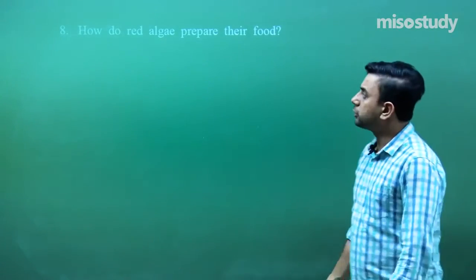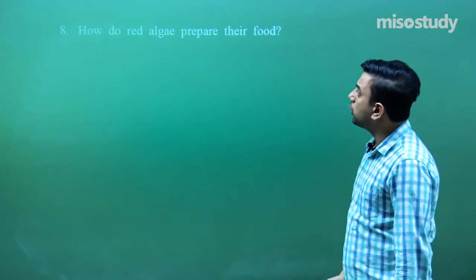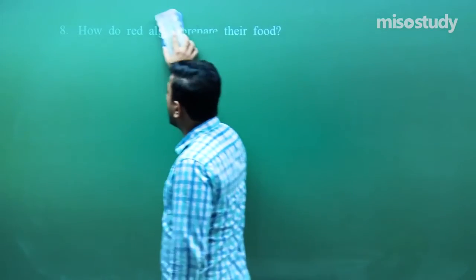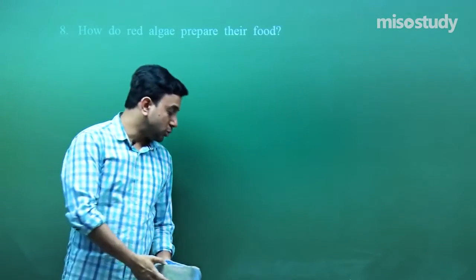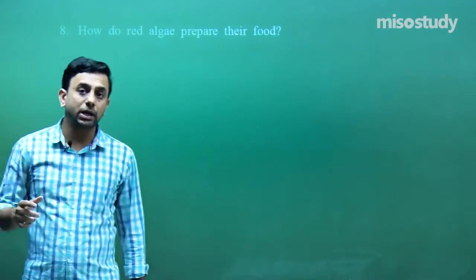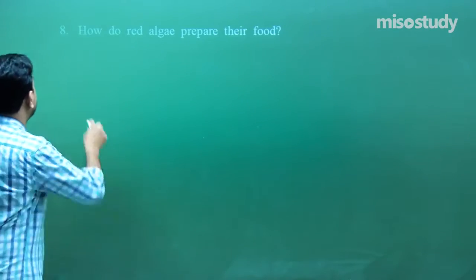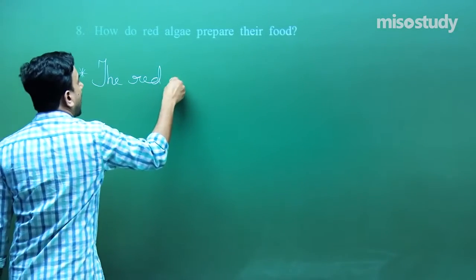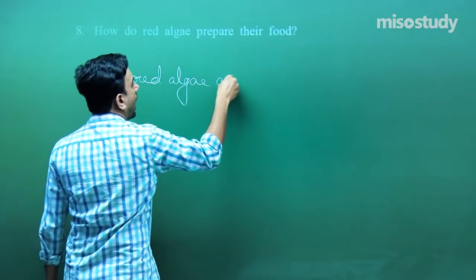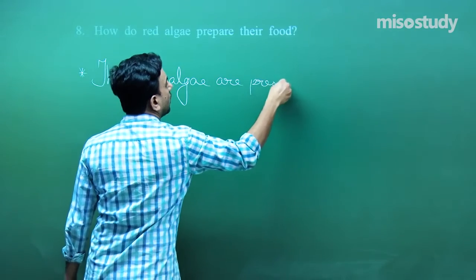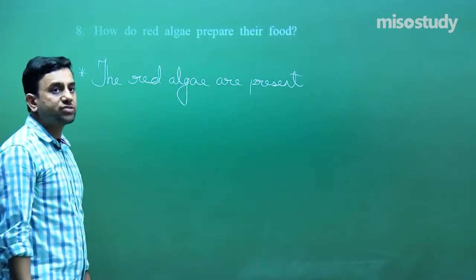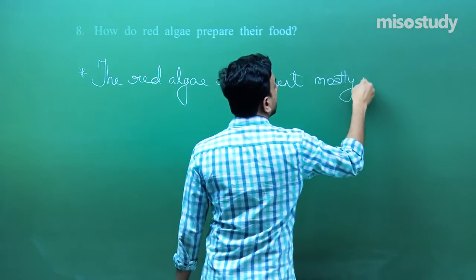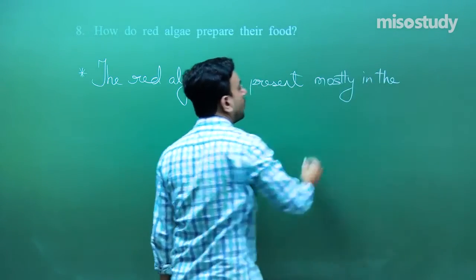Now we will talk about the next question: how do red algae prepare their food? We have already talked about where red algae are present. The red algae are present mostly in the oceans.